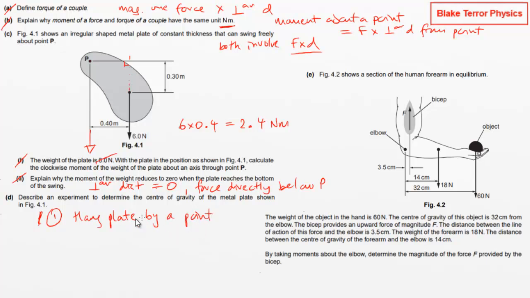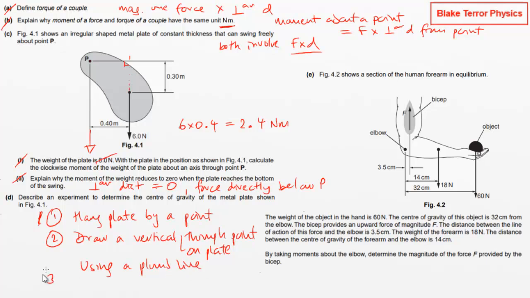Hang the plate by a point. 2, draw a vertical line on the plate through that point. We'll say using a plumb line.